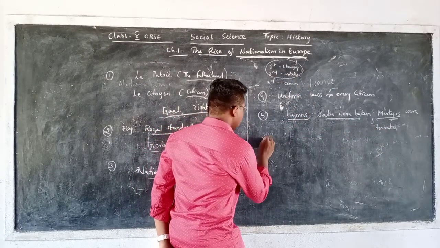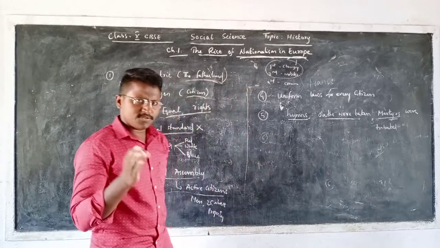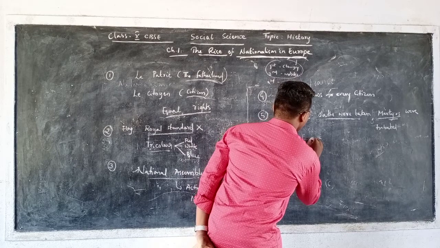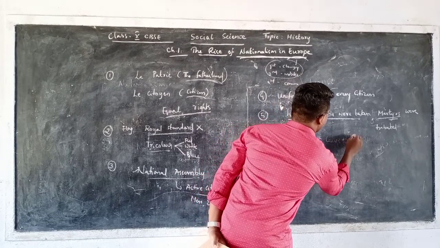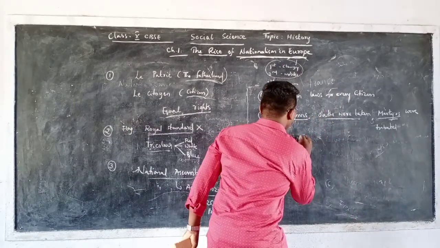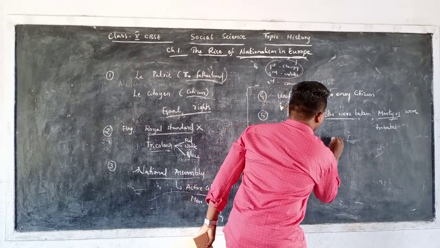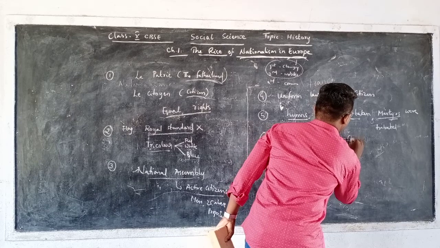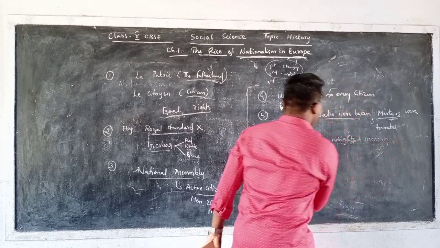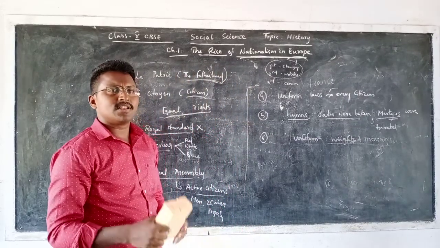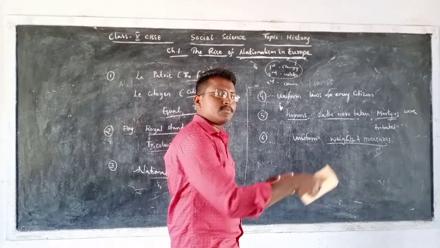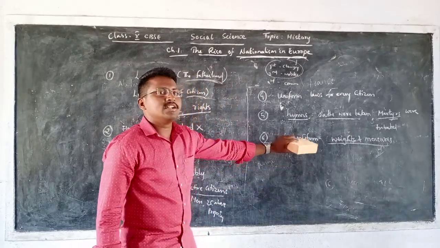Next, the sixth one is that these French people made uniform weights and measures. Uniform weights and measures in the sense that in those days, within the country, if you moved from one place to another, there used to be different measurements.